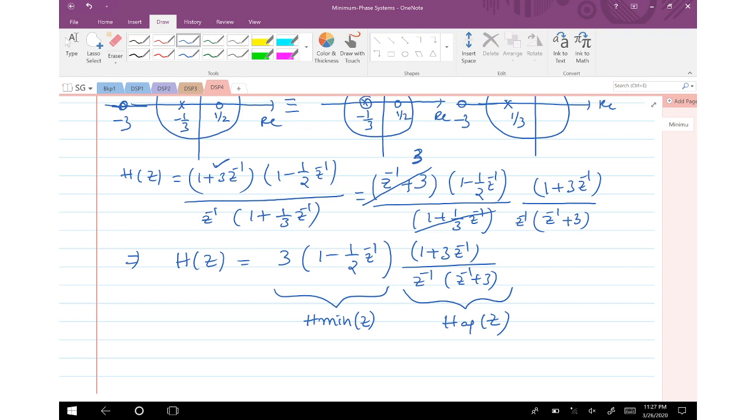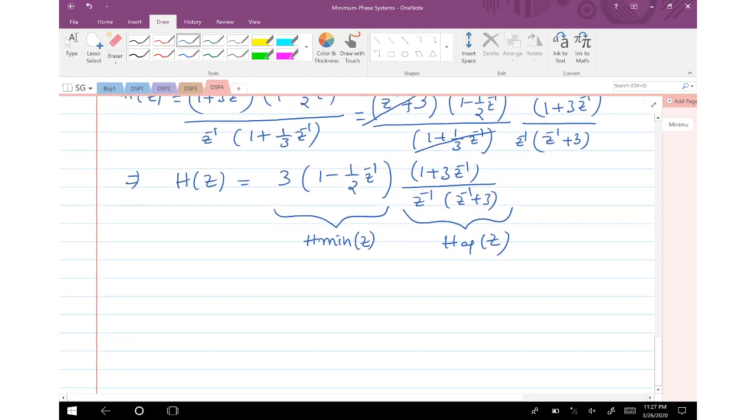What would happen had it been there in the H_min(z)? For example, how about H_min(z) equal to 3z^-1 into (1 - 1/2 z^-1), keeping the z^-1 factor here?